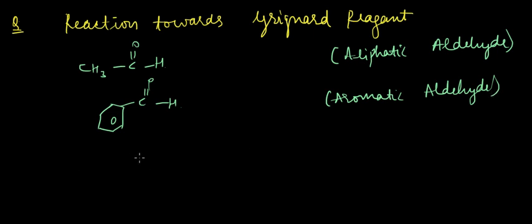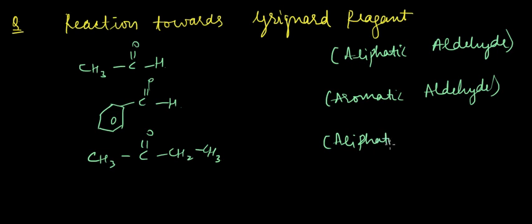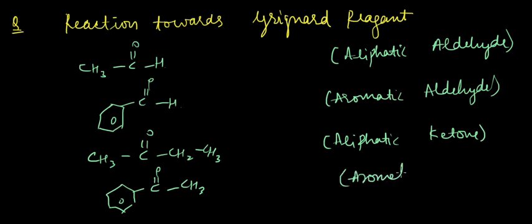Now we have something like this, which is aliphatic ketone. Now if aliphatic is in the picture, we'll also have aromatic ketone. So this is aromatic ketone.